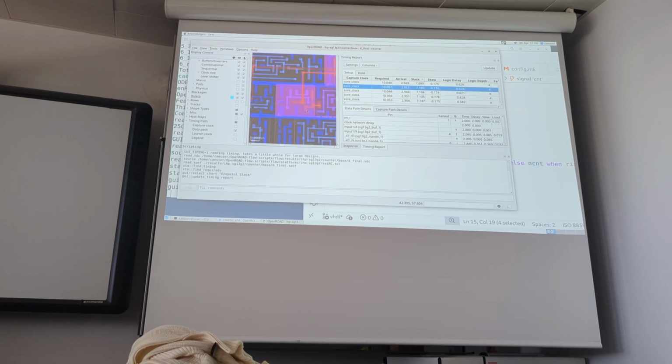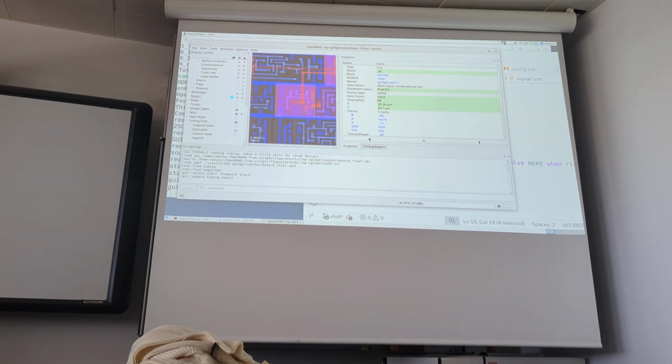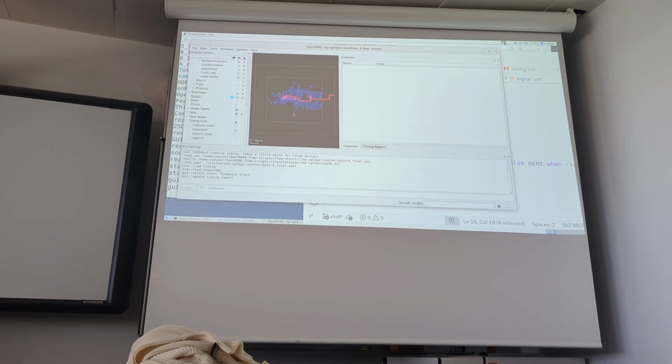Let's see, here is the last thing where it ends. So this is a flip-flop. Of course, it should end at the flip-flop finally, and that's what you can see. The data comes in.